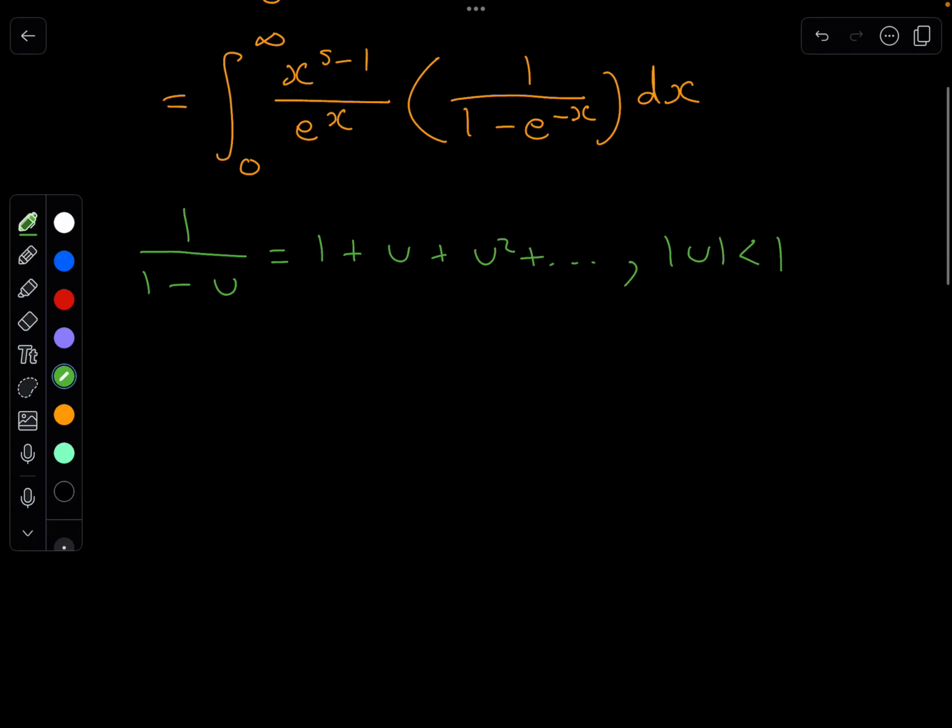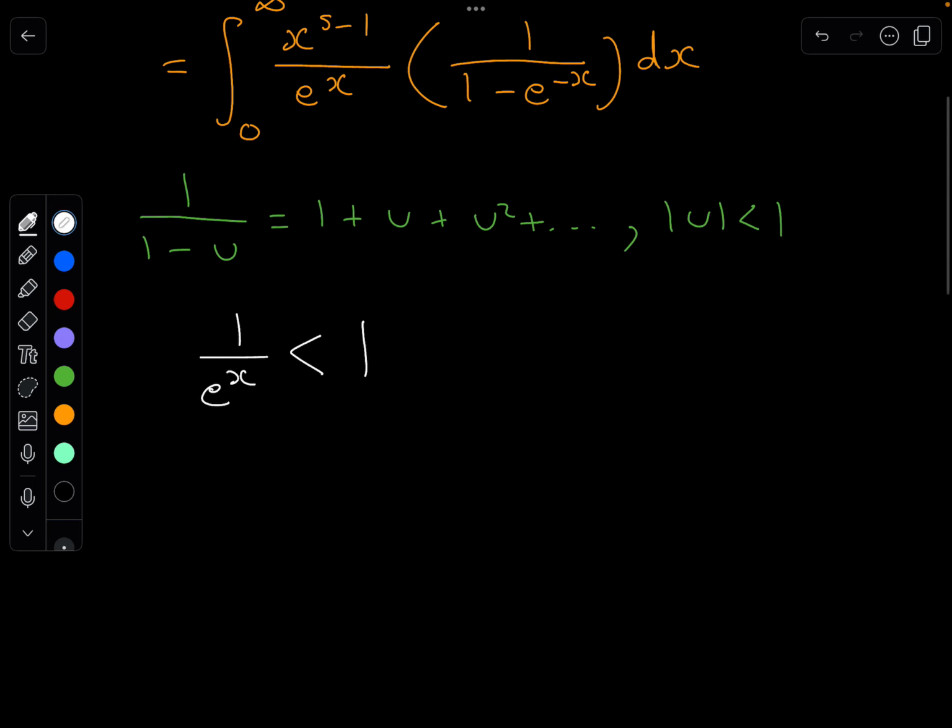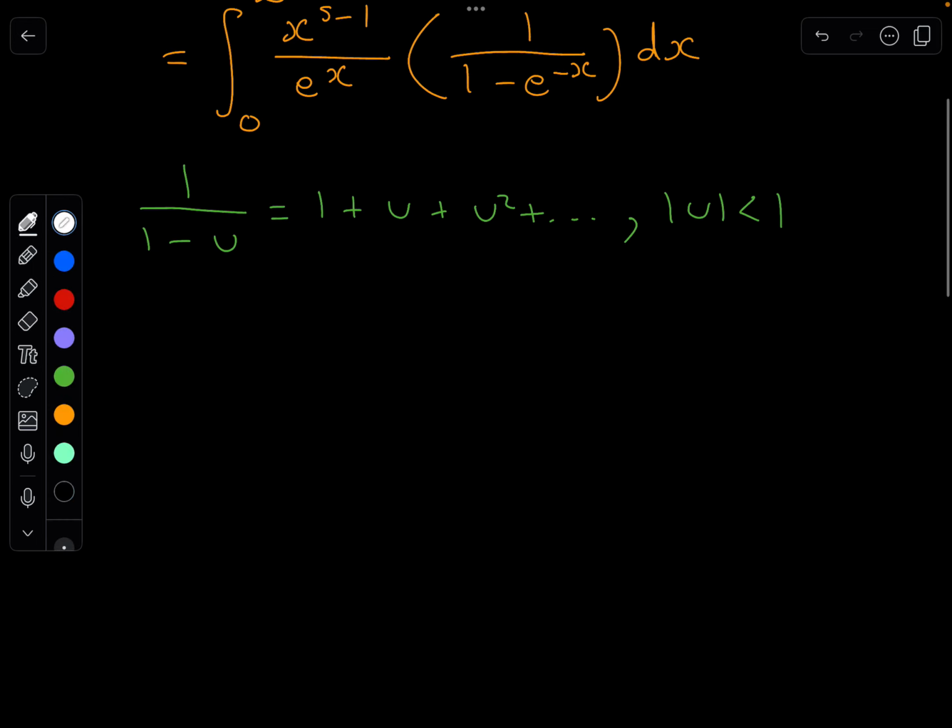Our u is e to the negative x, and the absolute value of e to the negative x is less than 1, since 1 over e to the x will always be less than 1. We can imagine inputting any value for it and we'll get that. So 1 over 1 minus e to the negative x is 1 plus e to the negative x plus e to the negative x squared and so on.